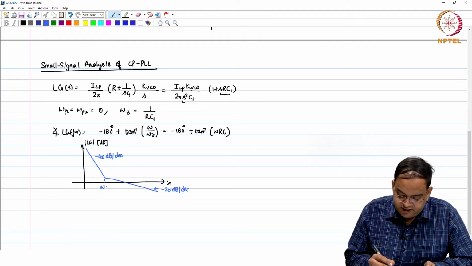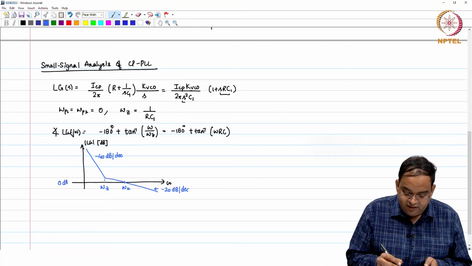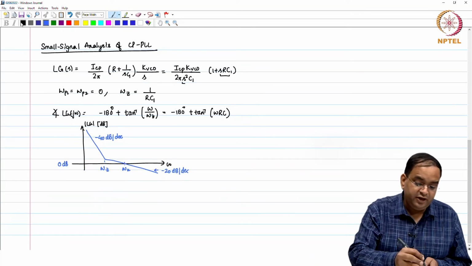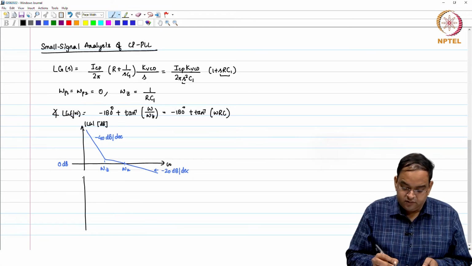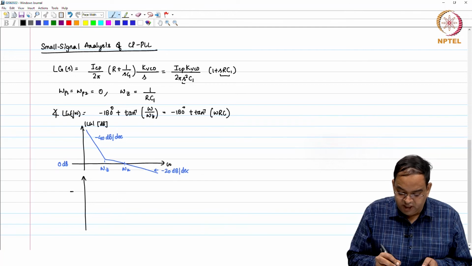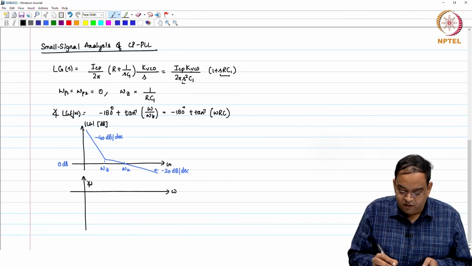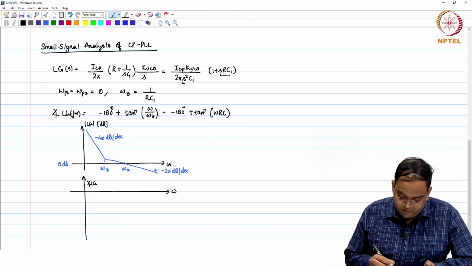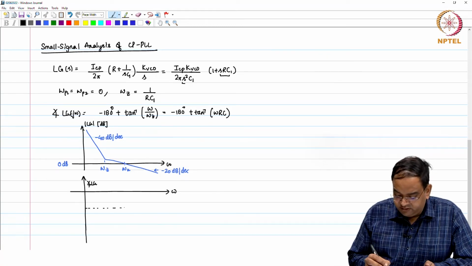This frequency is the 0 frequency, and the frequency at which you cross the unity gain or 0 dB line is the unity gain frequency. Corresponding to this magnitude plot for the loop gain, you have the phase plot, angle of loop gain. The starting phase happens to be minus 180 degree. So, I will just plot this.